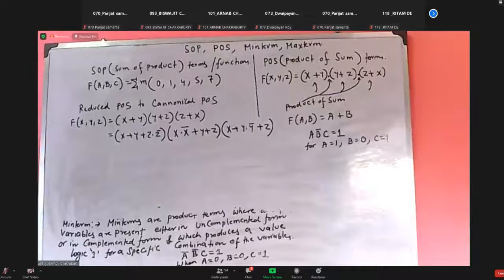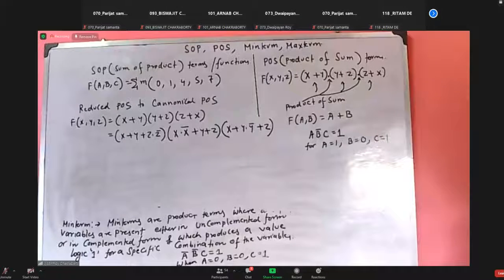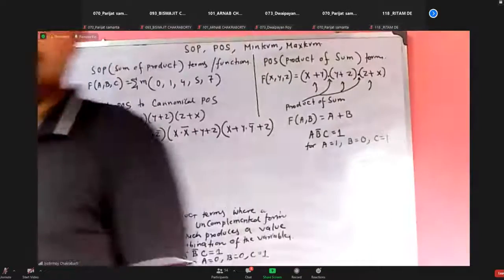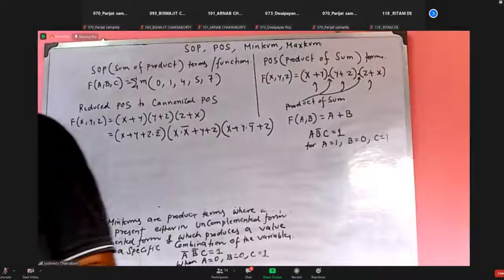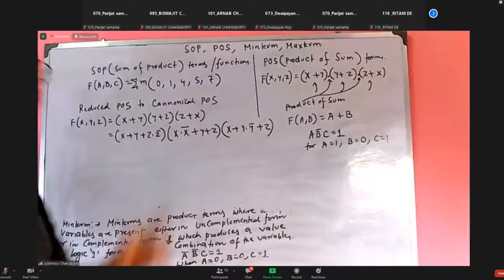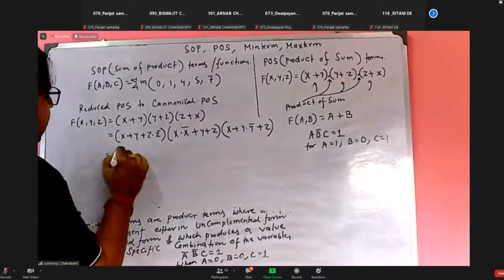Okay? So why this? Because z into z bar is 0, as you will learn from Boolean algebra. So adding a 0 will not change the value. Now what you have to do? You have to use the distributive law. Do you remember the distributive law?